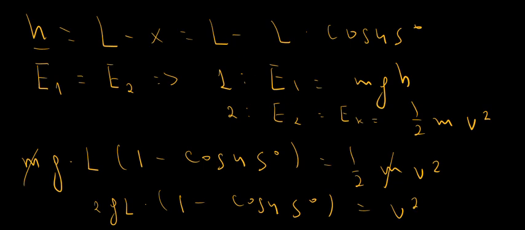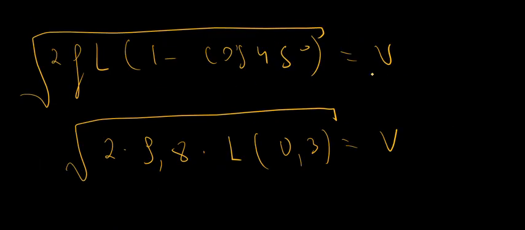So the next step is the following: the v is equal to the square root of 2gL multiplied by 1 minus cosine 45 degrees, and 1 minus cosine 45 degrees is 0.3, and this L is equal to 1 meter.